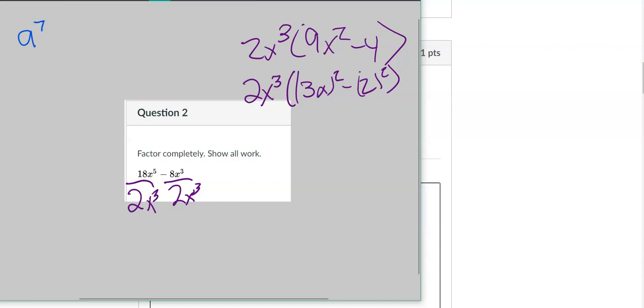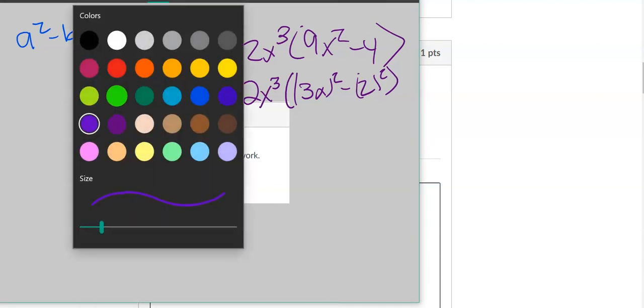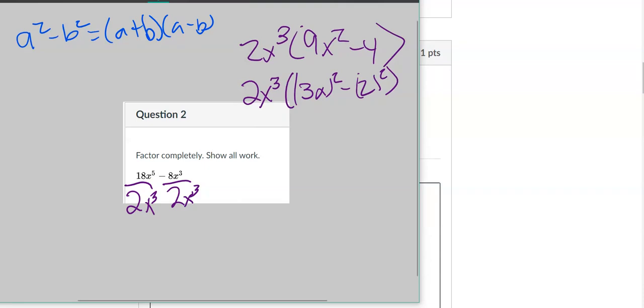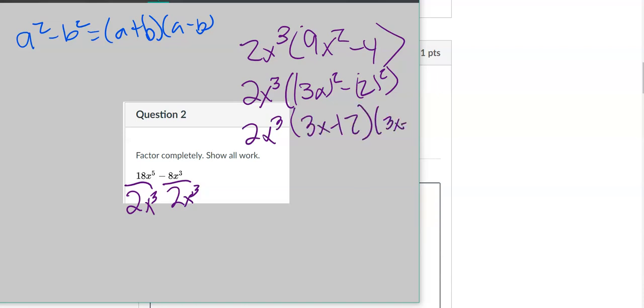This is a squared minus b squared, and then should equal a plus b times a minus b. That's not the purple I was using. This was. Okay, so then I would go ahead and plug in there. So I have 2x cubed, and then it's going to be 3x plus 2 and 3x minus 2. This is my final answer.